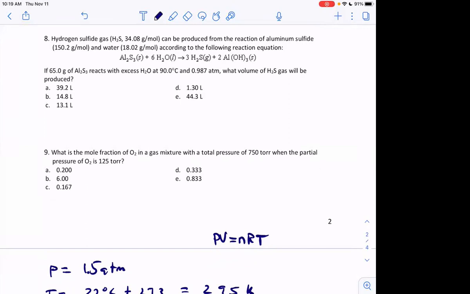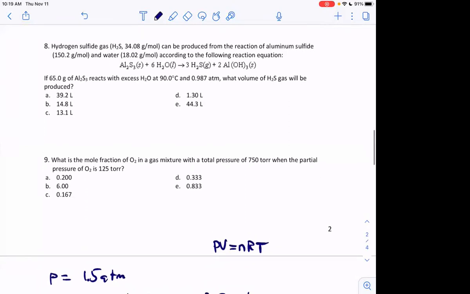All right. Hydrogen sulfide gas, we're given the molar mass, can be produced from the reaction of aluminum sulfide, molar mass given, and water, molar mass given, according to the following equation. So we're given the balanced equation. Aluminum sulfide plus 6 waters gives us 3 of the gas plus aluminum hydroxide. So you're forming an insoluble precipitate, there's your aluminum hydroxide, right?